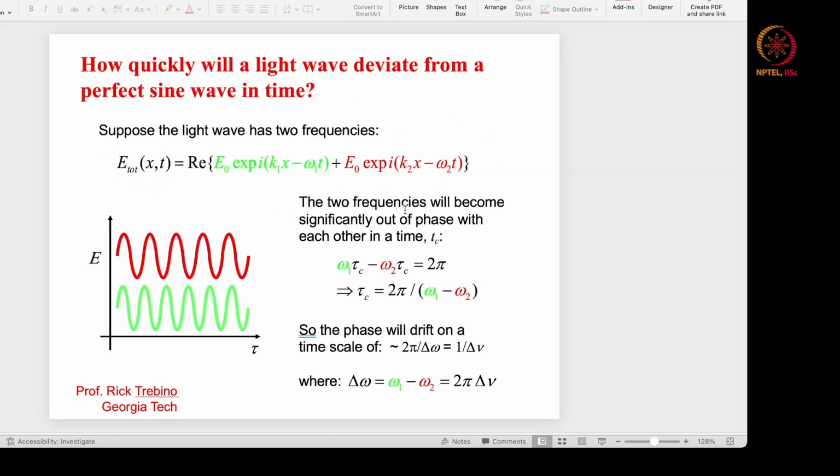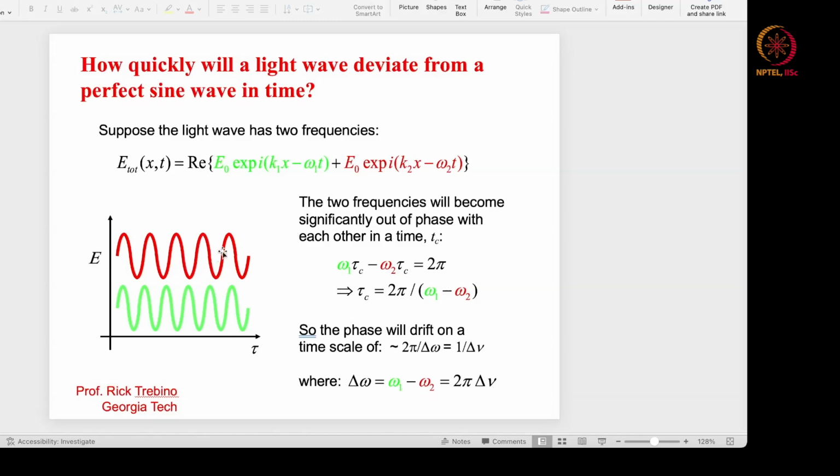So the two frequencies will become significantly out of phase. These are the two waves basically. They have different frequencies to start with, not necessarily an initial phase, but different frequencies. They start all from the same point, but they have different frequencies.